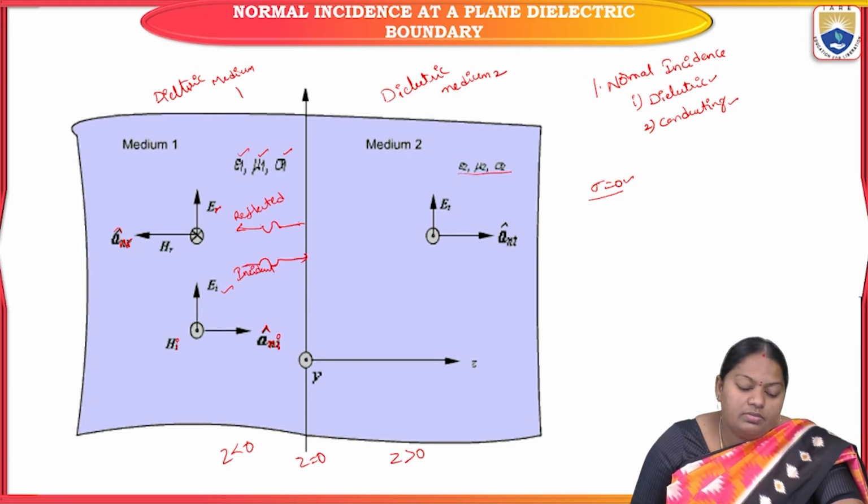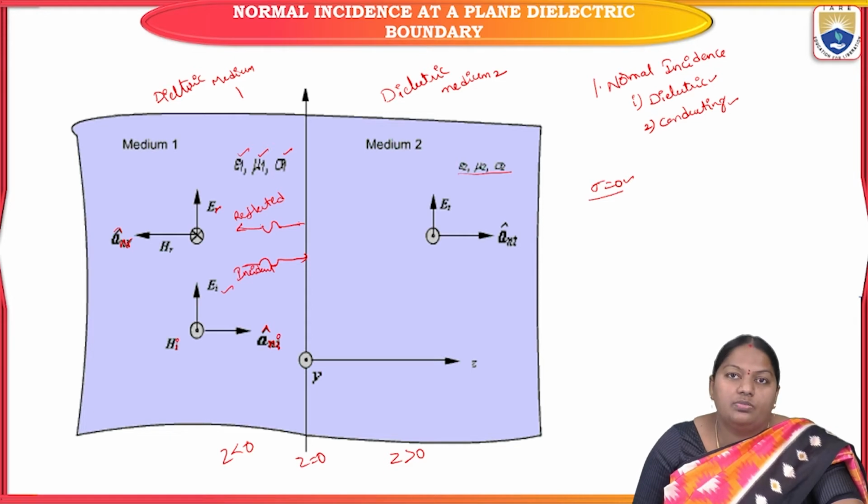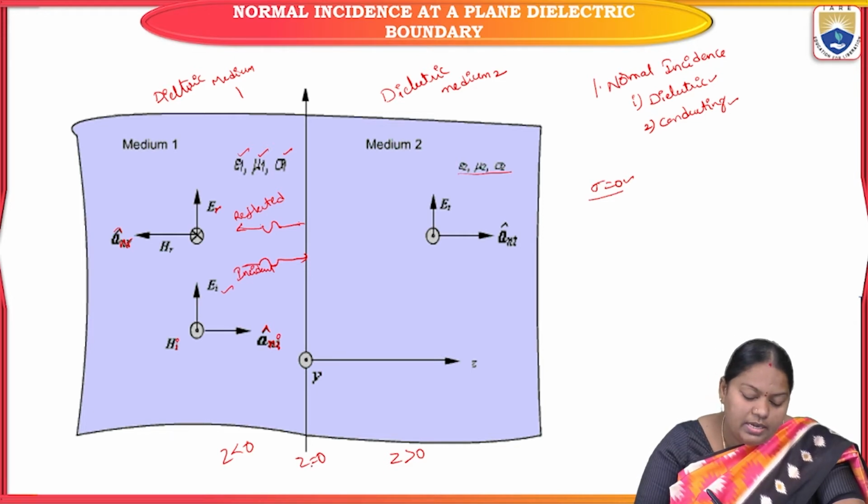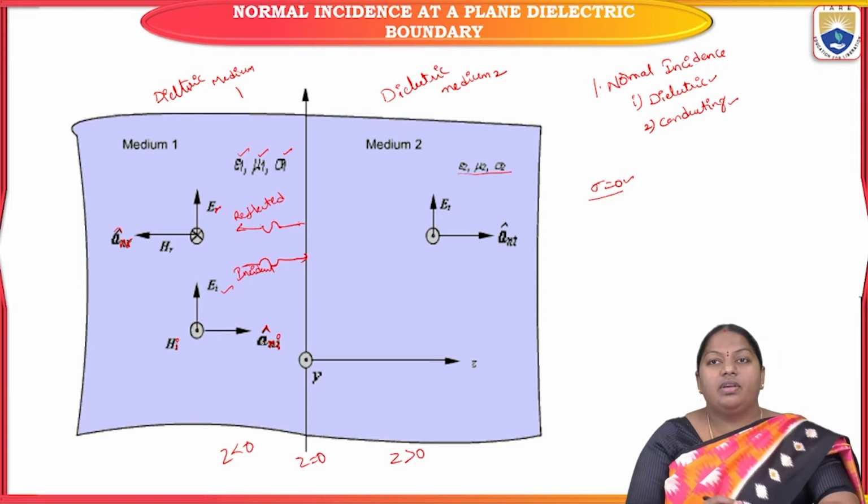At z equal to 0 there exists an interface; below z equal to 0 we have medium 1, and above z equal to 0 we have medium 2. In the z less than 0 case, medium 1 consists of two traveling waves: the incident wave and the reflected wave.